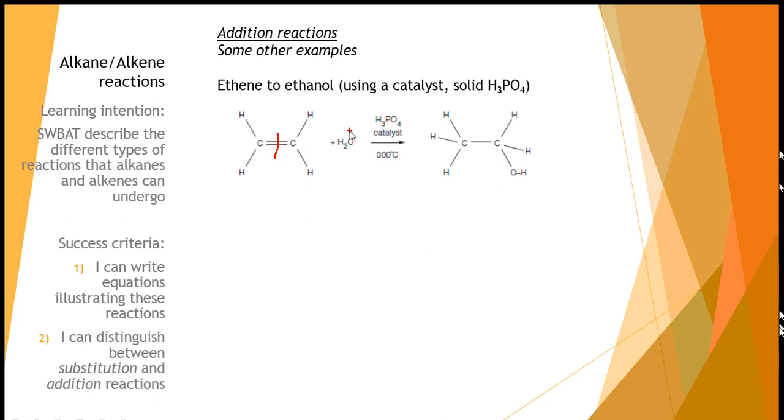It gets cut over here. You have an H by itself that goes to one carbon, and you have OH that goes to the other. You can see the H is added there, and an OH is added there. And there are no byproducts. So when ethene is added with water, providing there's a catalyst, you have ethanol. And if it's chlorine gas or bromine gas, you'd end up with chloroethane or bromoethane, like we saw on the previous slide.